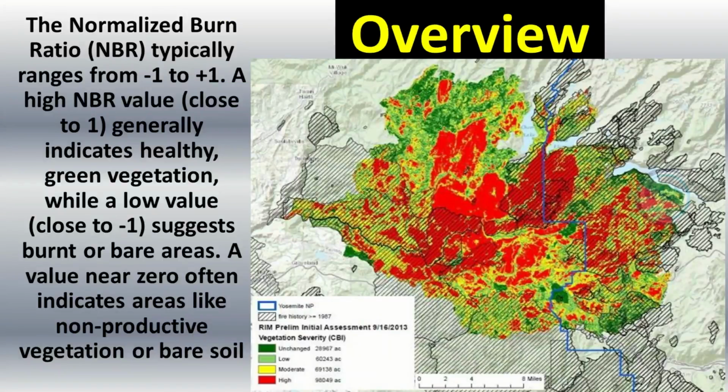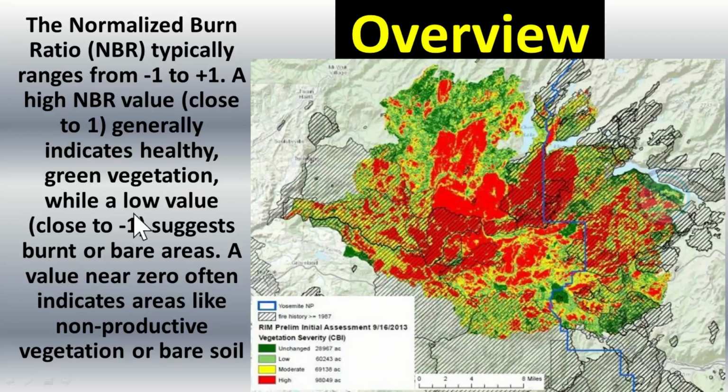So generally, the normalized burn ratio typically ranges from -1 to +1. A high normalized burn ratio value, that is when it is close to 1, generally indicates healthy and green vegetation.